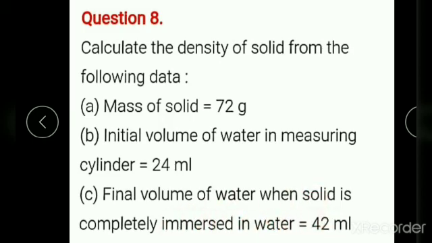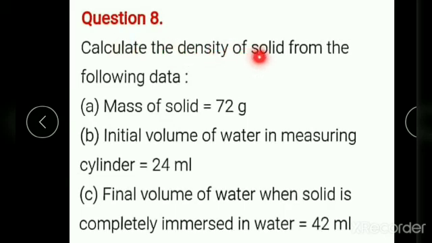So what is given? Mass of the solid, the initial volume and the final volume of the water are given.